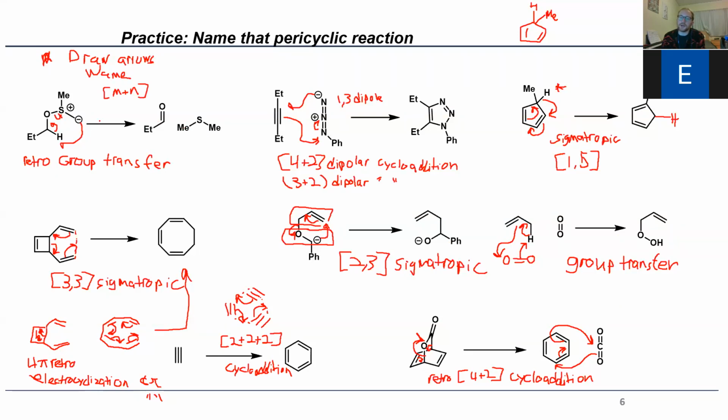And so this intramolecular elimination from the Swern oxidation is a retro group transfer reaction, whereas this oxidation reaction here is a group transfer reaction, so it's the forward. So group transfer reactions can have forward and reverse as well, the forward being taking two pieces and putting them together, the retro being taking one piece and fragmenting it into two. And so that can be the convention for that.